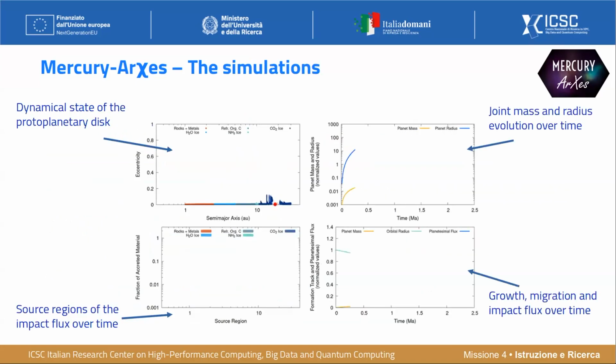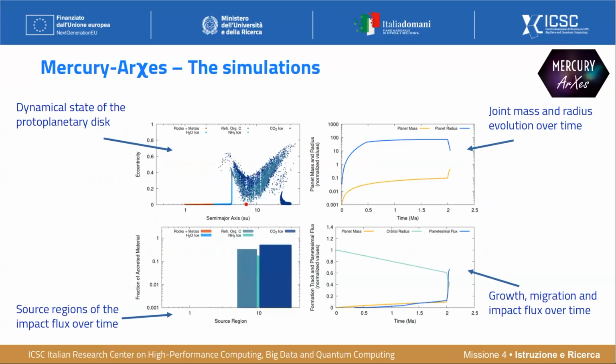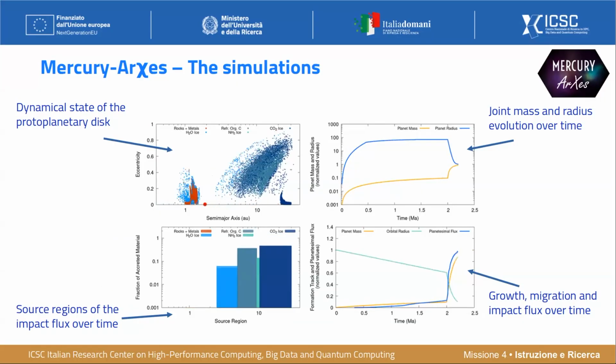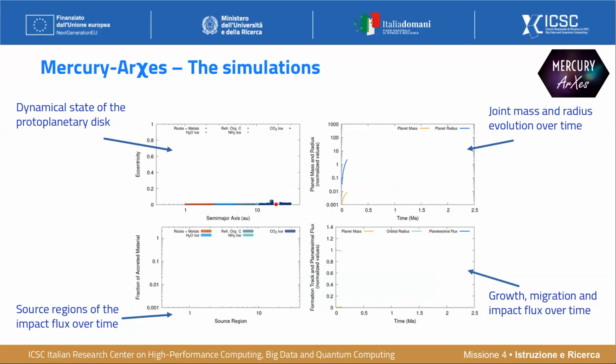So when we run a simulation, the end results we get are summarized in this animation. We have the dynamical state of the system, which the code takes snapshots of over time, so we can study the system at different slices of time, or just uncompress the evolution of single bodies, like with the classic Mercury. On the top right, you can see that we track both the mass growth, the orange curve, of the planet, and the radius growth.